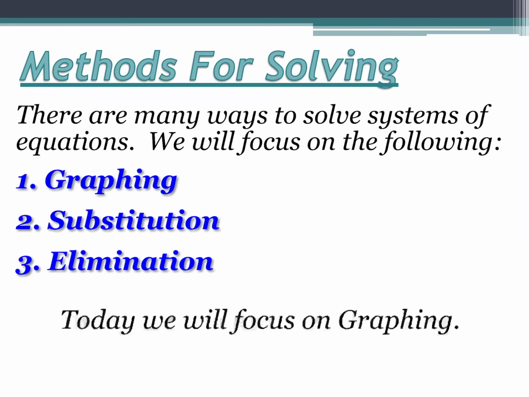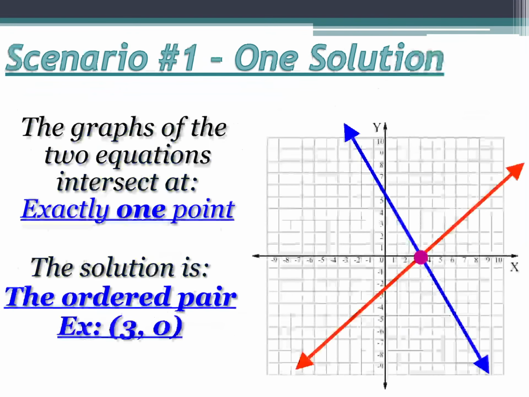There are 3 different scenarios that your problem could result in when graphing systems of equations. The first scenario is you get one solution. You would be given your equations and you would graph each of them on the same coordinate plane like you see here. One equation is the red line and the other equation is the blue line.